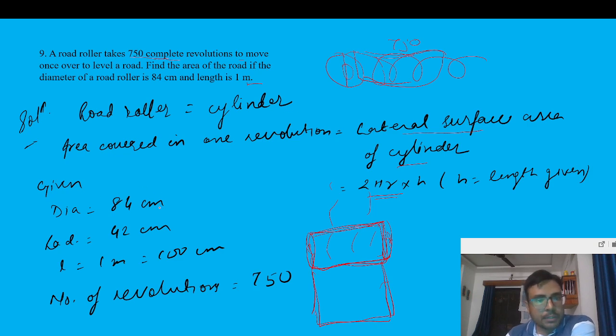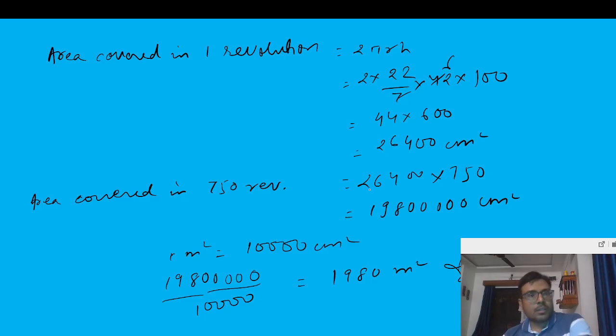Now given is diameter 84, so radius will be 42. Length is given as 1 meter, and number of revolutions is equal to 750. Now area covered in one revolution is 2 pi r h.